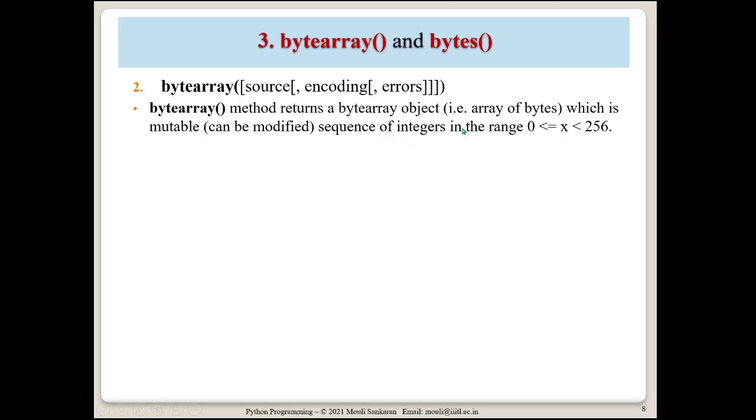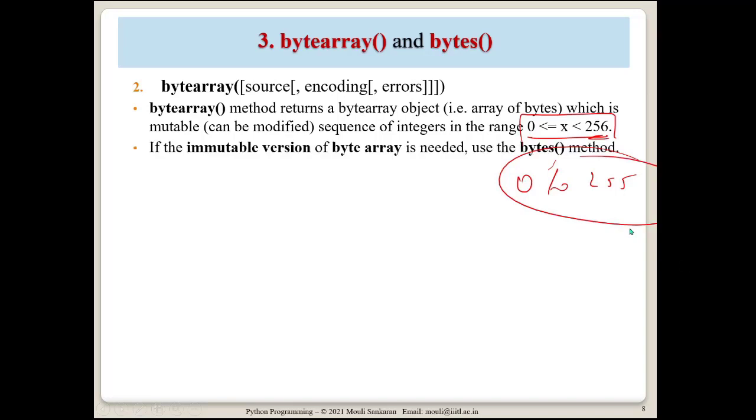It returns a byte array object, an array of bytes, which is mutable. As I said, bytearray is mutable: a sequence of integers in the range of 256, that is, 0 to 255, less than 256, including 0.